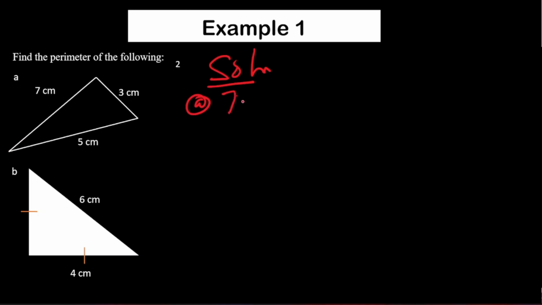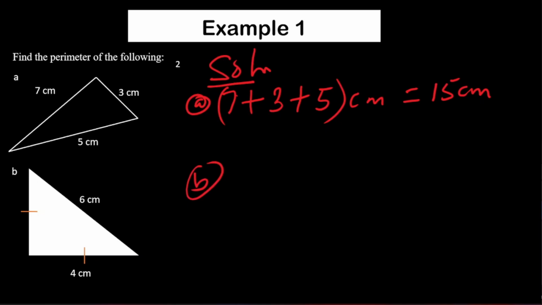That's going to be 7 plus 3 plus 5. Everything in centimeters. So this gives us 15 centimeters. So that is the perimeter of this. So this is a scalene triangle.